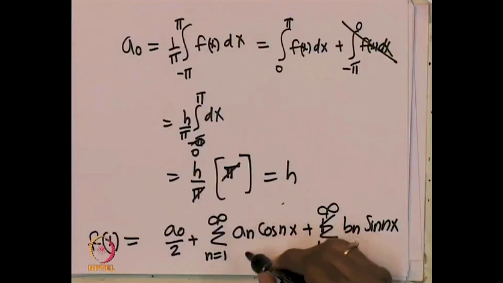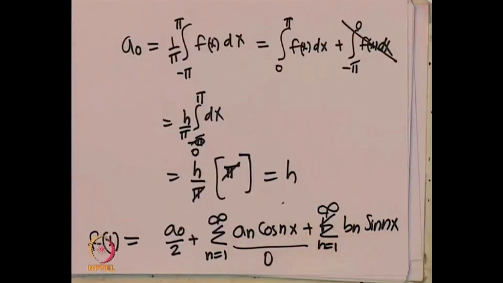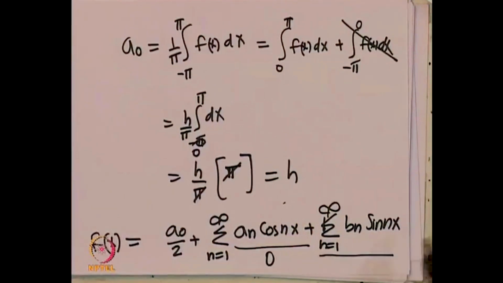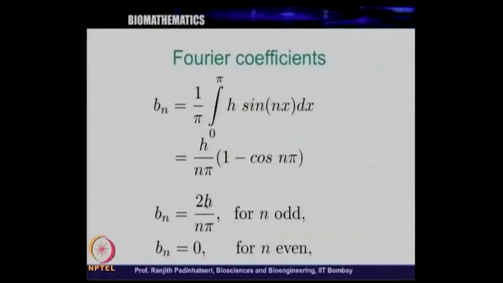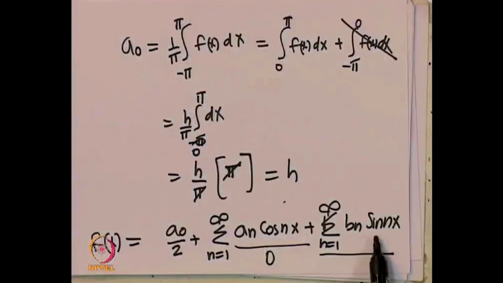We found that a n is 0, so the whole cosine term is 0, and b n is 2h by n pi, but only for odd n it is a non-zero value; for all even values it is 0. So that means when n is equal to 1, 3, 5, this is non-zero, everywhere else it is 0.